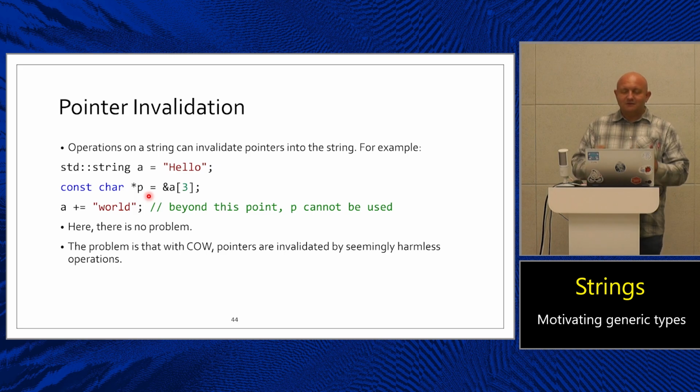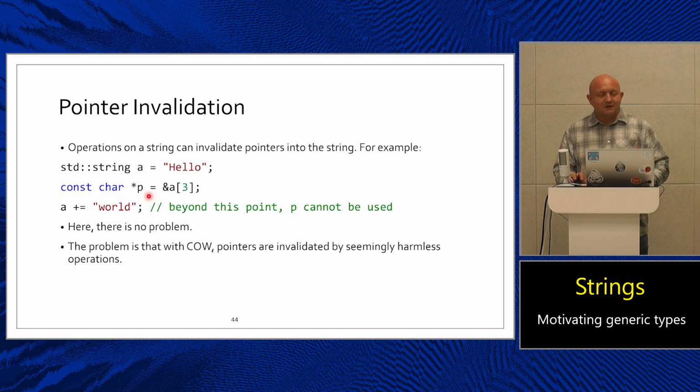Memory may reallocate. And if reallocation occurs, because the string guarantees memory continuity, probably memory was allocated in some other place, and this p is now pointing to nowhere. And here there is no problem. We are accustomed to pointer dangling in such cases.